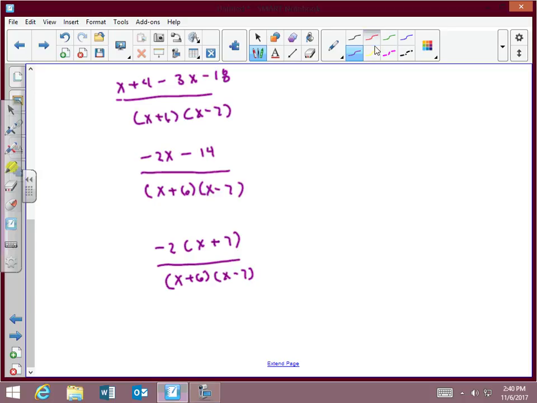This one's a plus right here, and this is a minus. Maybe I did a sign wrong, I don't know. But if I had something that came out that way, I'd go back and re-look at my problem and make sure that that problem wasn't such that I could cancel x minus 7 or an x plus 7.